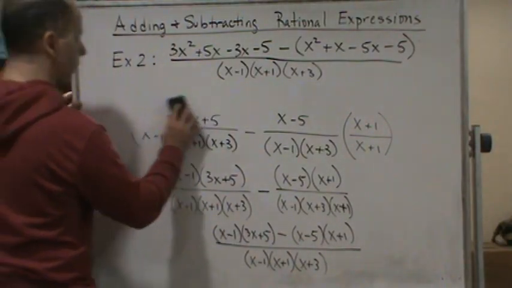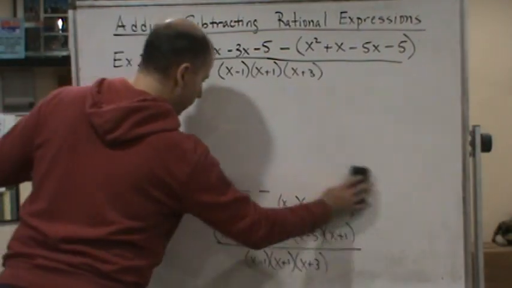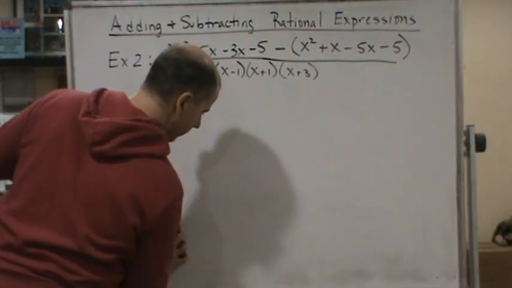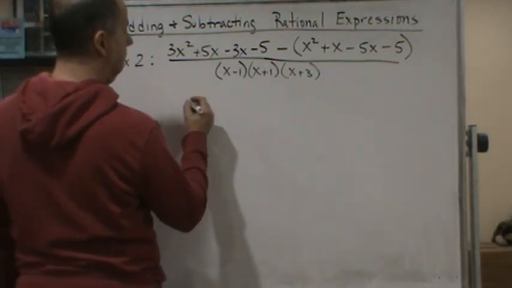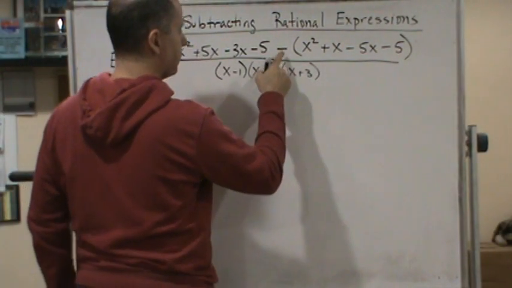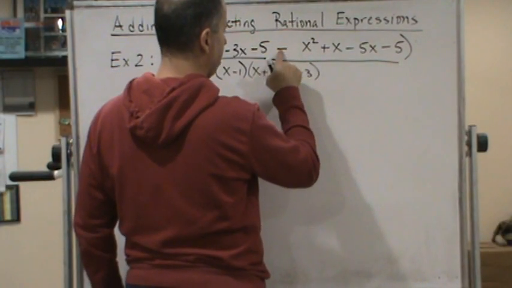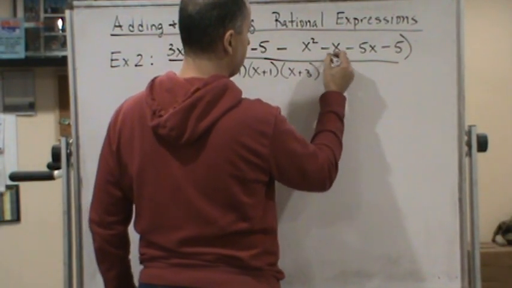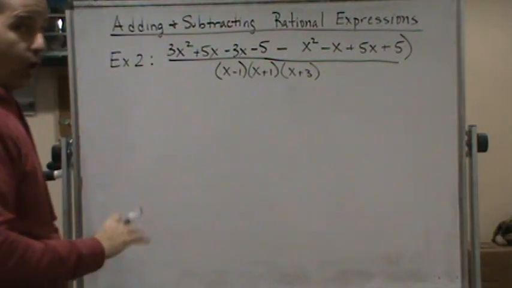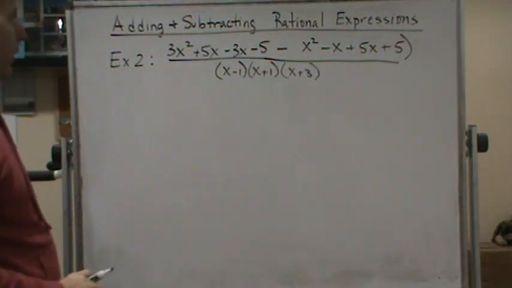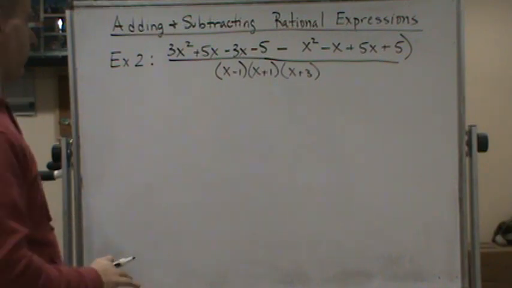Okay, so now let's continue and simplify this. Okay, so now I'm going to distribute the negative sign. So this is going to change to negative, positive, positive. Okay, so all I did was distribute the negative, the subtraction. I just used the distributive property.